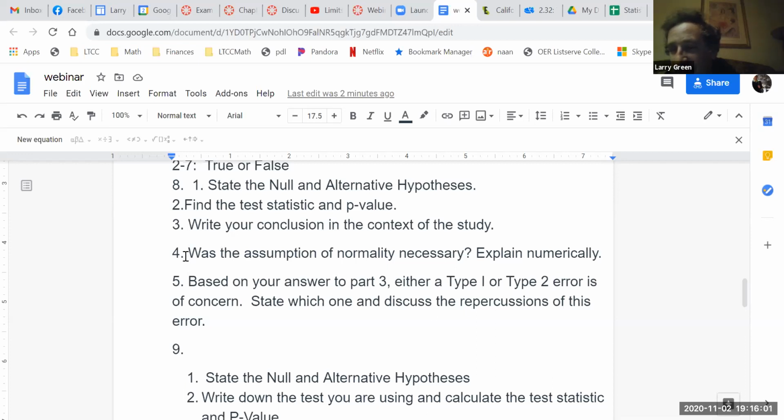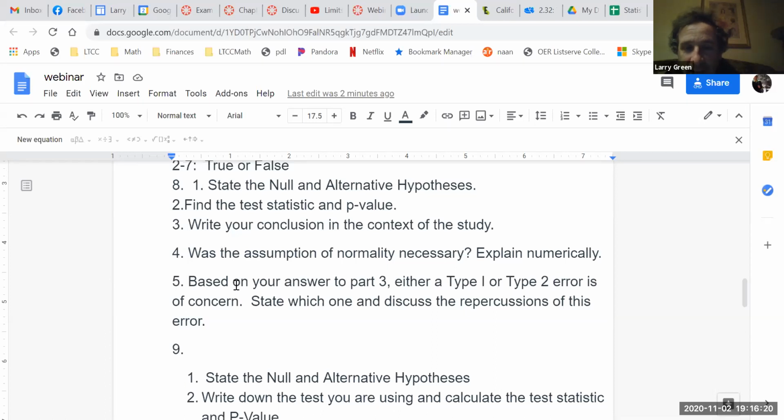I don't see y'all jumping in. Remember, np and nq have to be bigger than 5. Okay. With means, you have to have n greater than 30. Any questions on that?